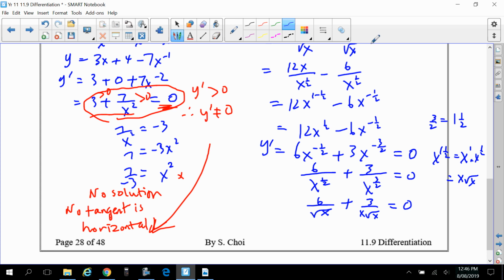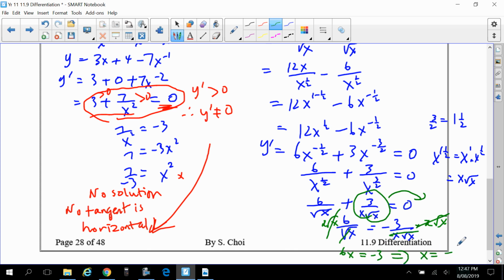And then we'll move things around. So maybe I'll move this term to the right, which is equal to negative 3 over x root x equal to 6 root x. And then what we do is we multiply both sides by x root x, that will cancel. So 6x equal to negative 3, which means x is negative half.